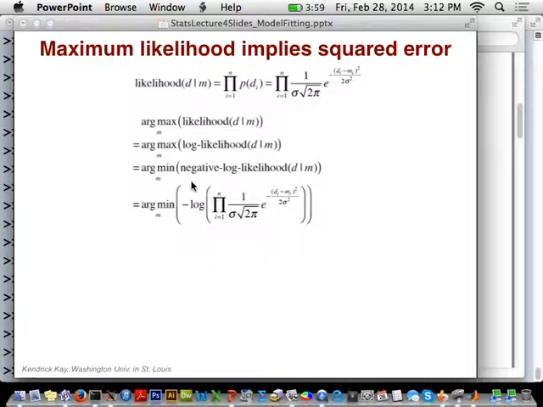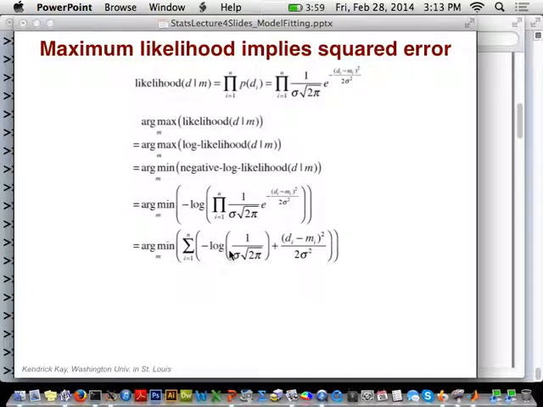So we can just substitute that in and put negative log likelihood. So I've just rewritten that thing in this little parentheses. And then just do a couple simplifications. Log of a product is just the sum of the log of each of the individual terms, and if you care, you can walk through this and make sure I'm doing everything right. And so you can just simplify.